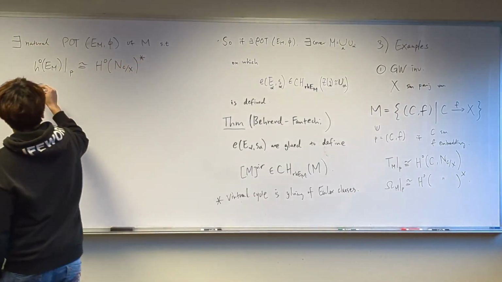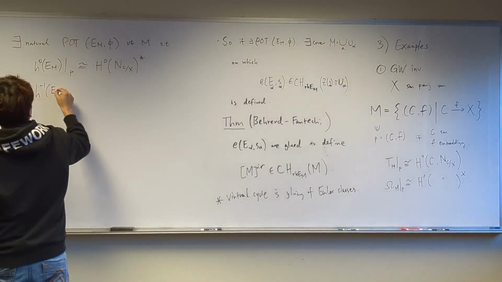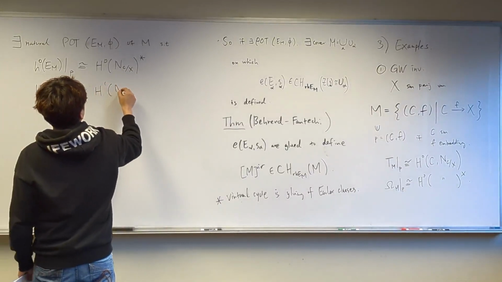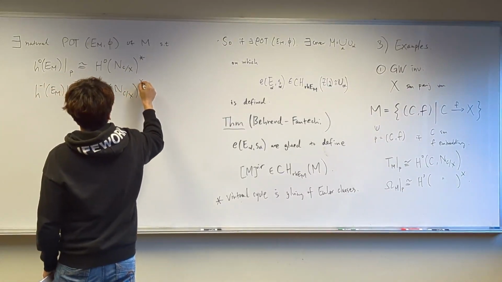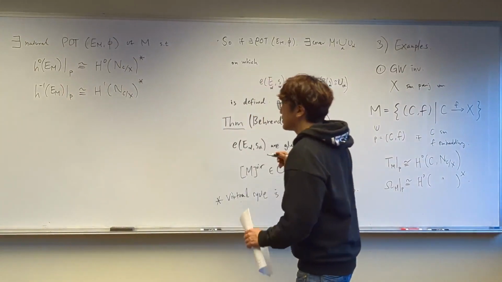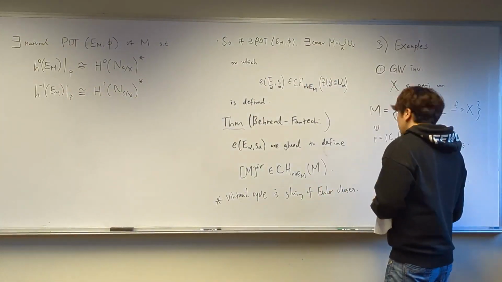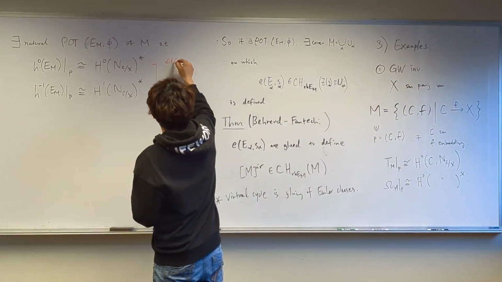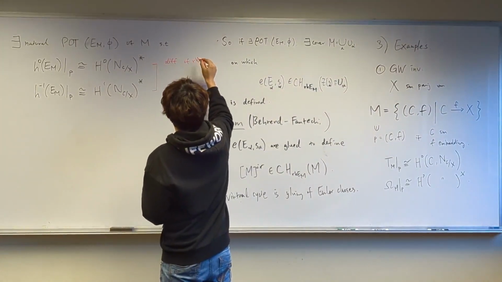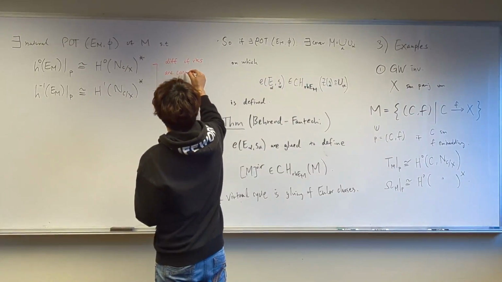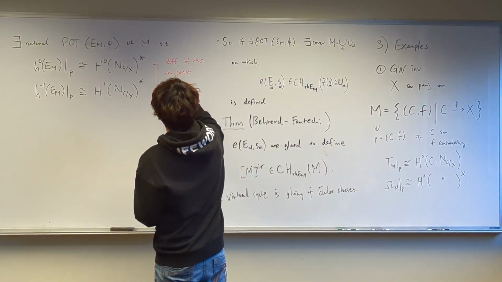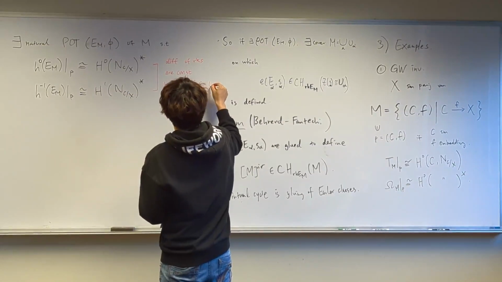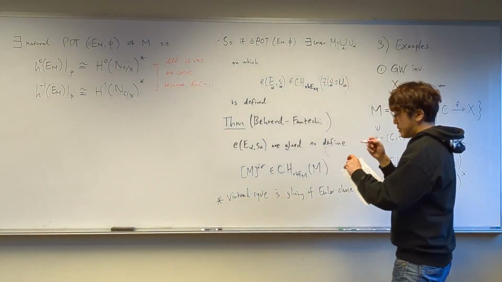And what I really want to say is that the difference of ranks of the minus one cohomology and the zeroth is constant, because the sheaf cohomology is on a dimension 1 space.